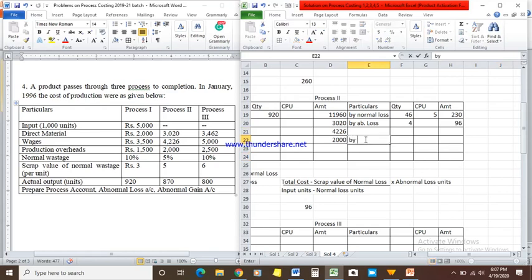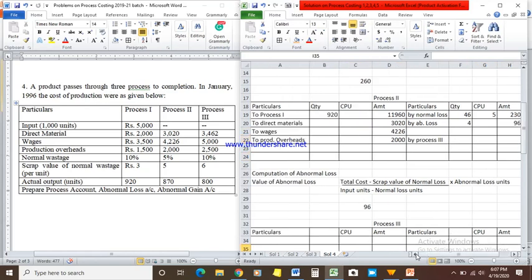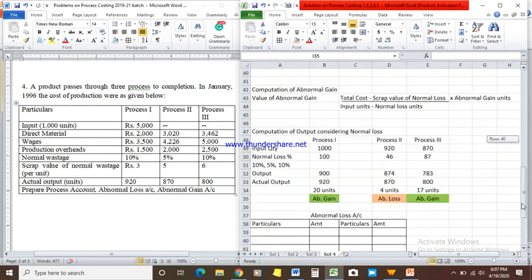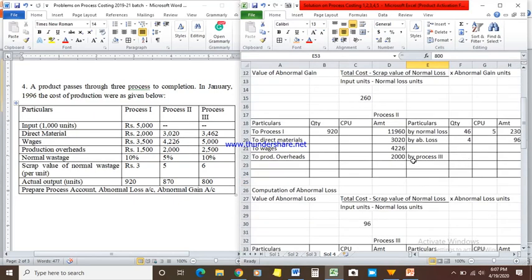Now how many good units go to process 3? In the working note we have already mentioned the actual output. If you take the total here also, it is 920.